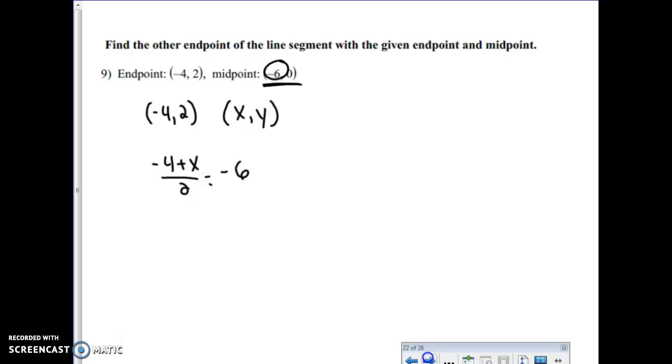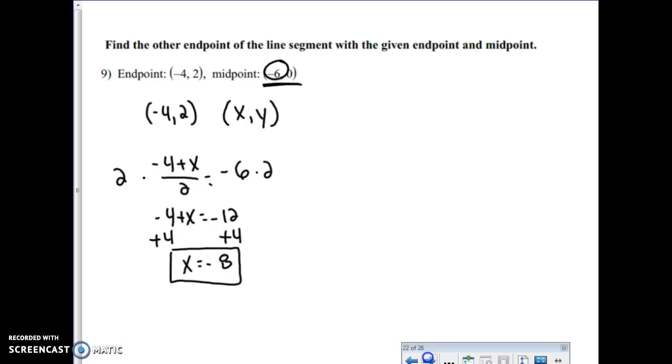I can guess it, but I can also solve it by multiplying both sides by 2. So I got -4 plus x equals -12. We're going to add 4 to both sides, and I get x to be -8. We're going to do the same thing for y.